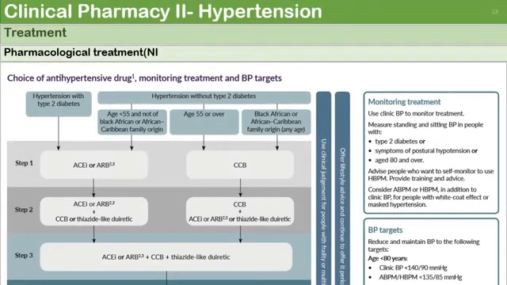Pharmacological treatment, according to the National Institutes of Health guideline, which is the last updated guideline for patients with hypertension and diabetes mellitus. In step one, we start with an ACE inhibitor or angiotensin II receptor blocker, for patients with hypertension, diabetes, or patients less than 55 years old and not black or African American.